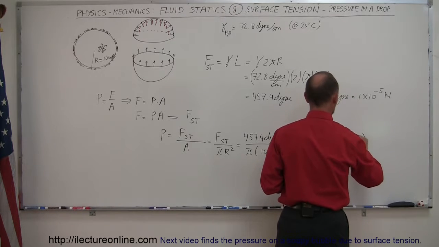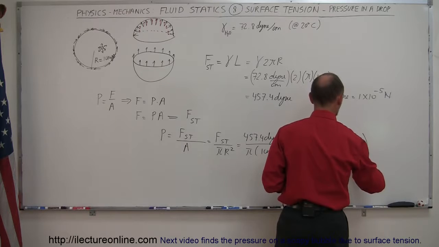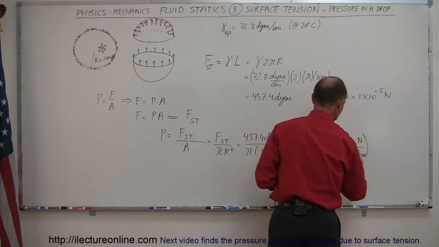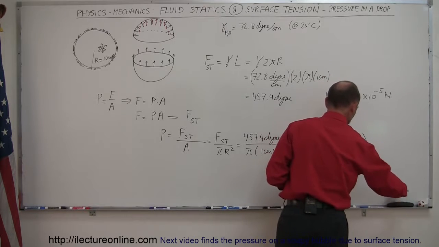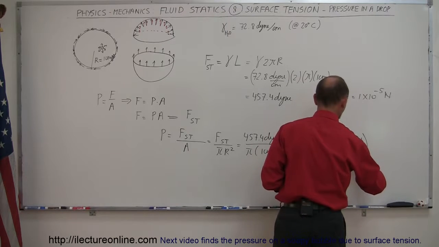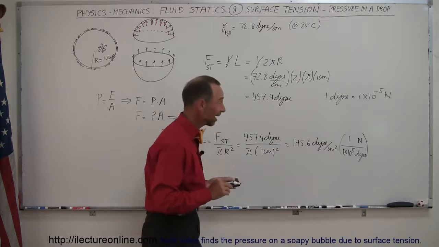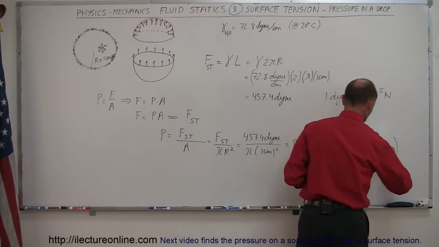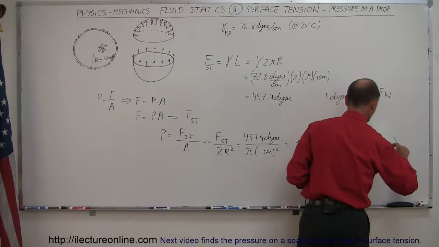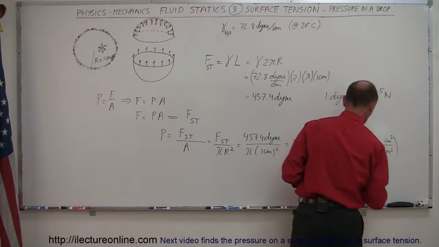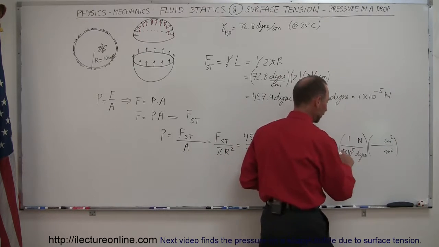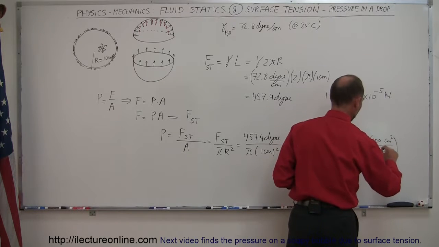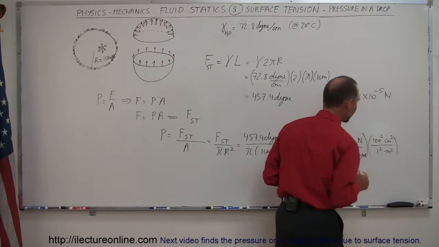So 1 Newton is 1 times 10 to the 5th dynes, because there are 100,000 dynes in a Newton. And then we have to account for the square centimeters. We want square meters at the bottom, square centimeters at the top, so they will cancel out.